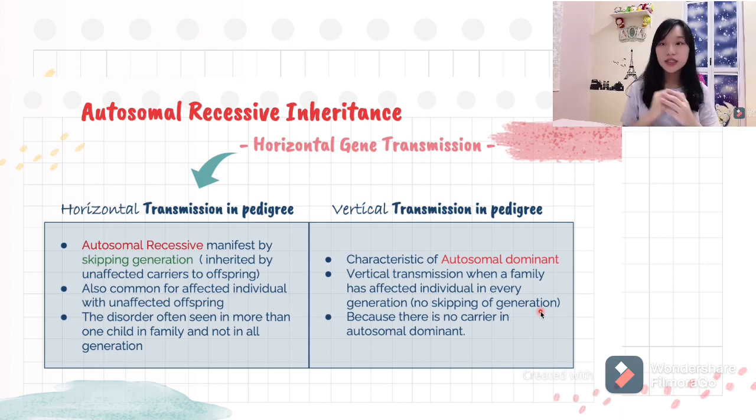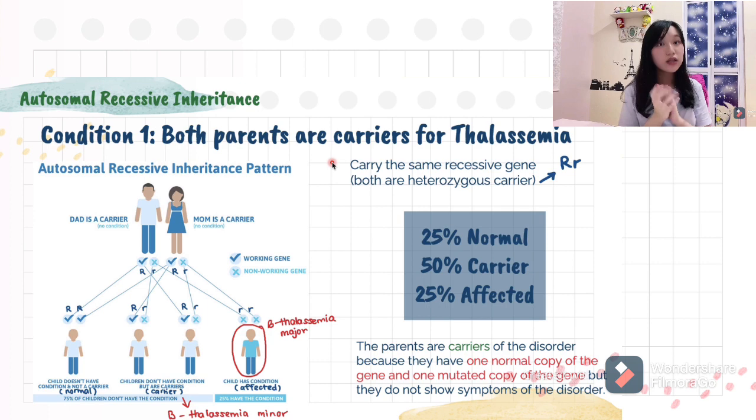And next, I'll be discussing the possible conditions for the mode of inheritance of Adam's parents, where we know that Adam has beta thalassemia major. In autosomal recessive inheritance of thalassemia, the first possible condition is where both of Adam's parents are carriers for thalassemia.